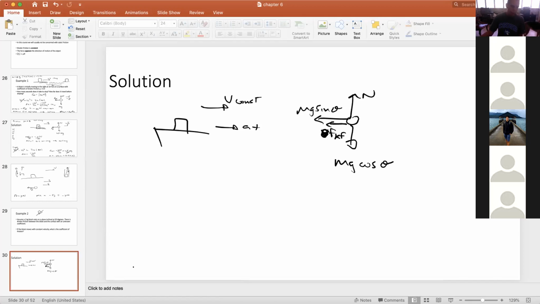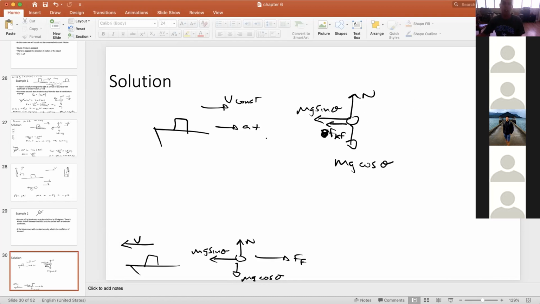Let's do this one. What if it's moving down, right? And therefore, n, mg cos. Which way does friction point? To the right, right? So let's look at these x equations.